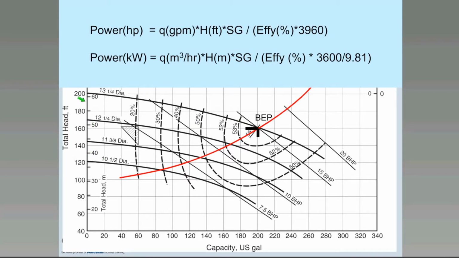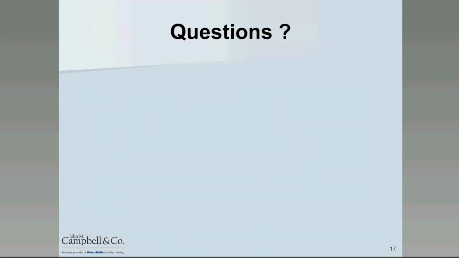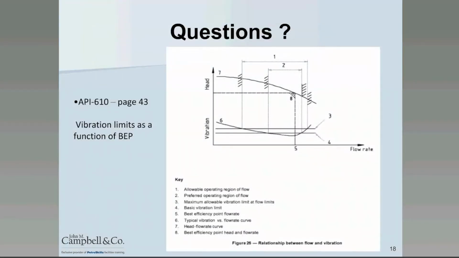API 610 does give you some guidance, and this is an extract from page 43 where they talk about vibration limits as a function of best efficiency point. At the best efficiency point here, you can see the vibration limits are at their minimum.